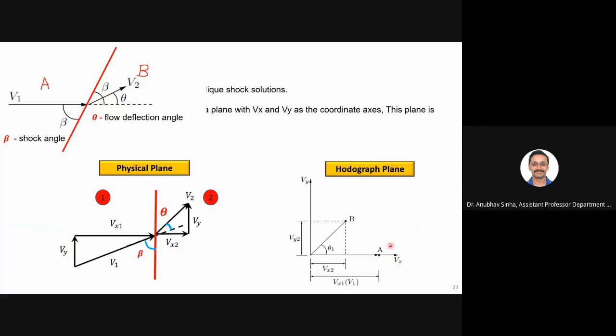Now here you see that A is drawn here, which is equal to Vx1, and for the second part I will have both x and y velocities. So I will have Vy2 and Vx2, and this is at an angle theta. So now this shows your B, the resultant velocity behind the shock.